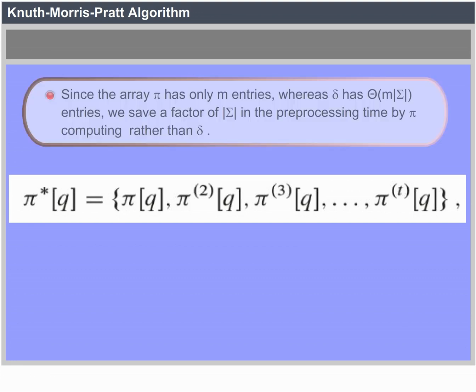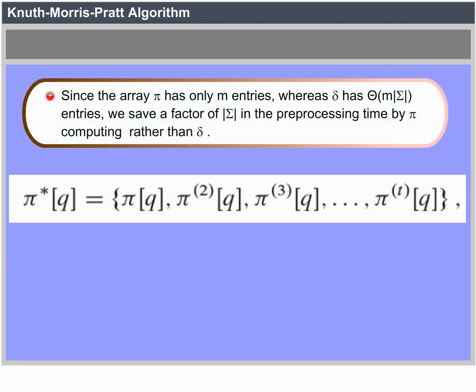Since the array pi has only m entries, whereas delta has big theta of m times modulus of sigma entries, we save a factor of modulus of sigma in the pre-processing time by computing pi rather than delta.